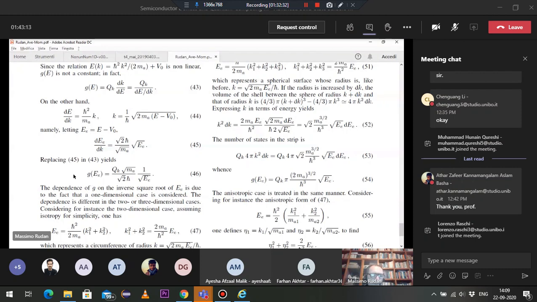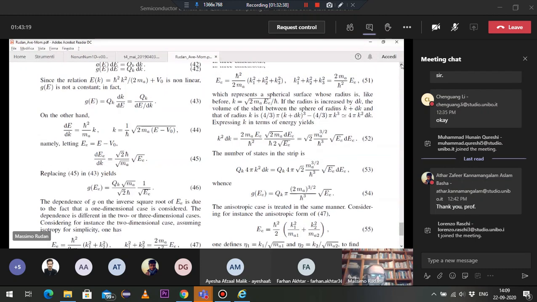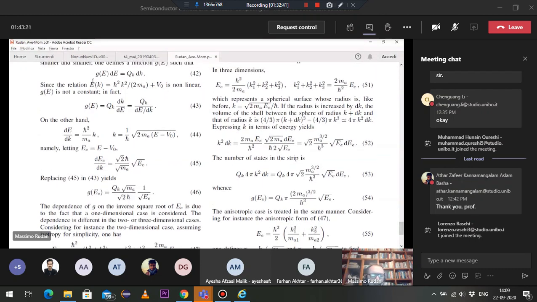This expression applies only when the k space is one-dimensional, because in the expression of the total energy we have used only one k. So it is proportional to the inverse of the square root of the kinetic energy.